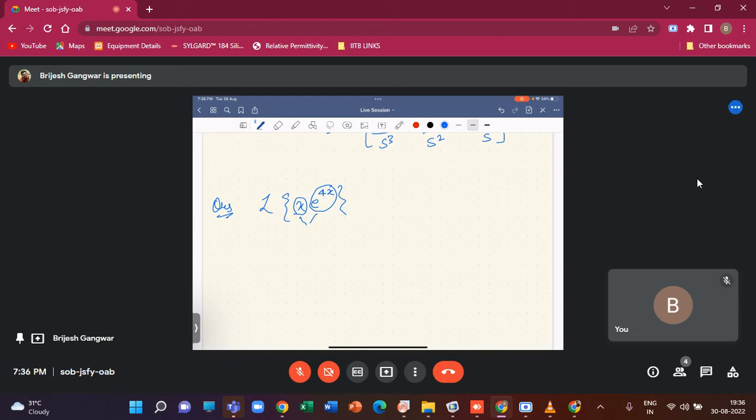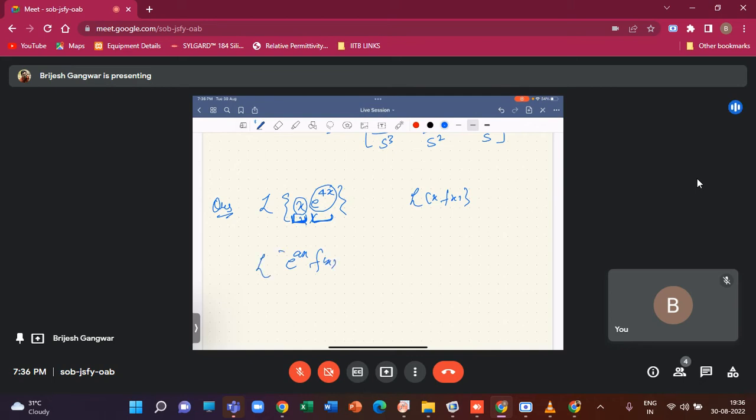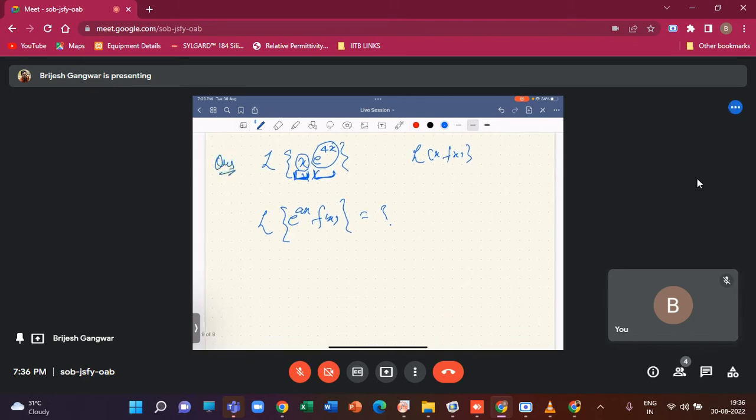So one way, you can consider this as f(x) and then apply the property Laplace of x f(x). And if you consider the function f(x) as the other one, then you again know the property for e to the power ax f(x). So you can do it in both ways.